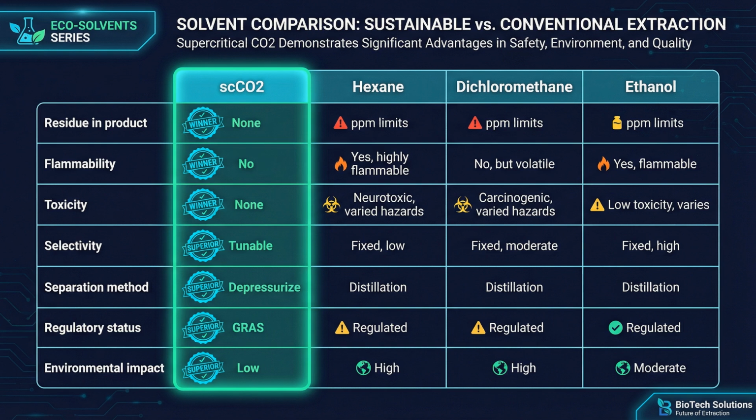The selectivity of CO2 is tunable through pressure and temperature, while conventional solvents have fixed selectivity. For separation, simply reducing pressure releases CO2, while other solvents require energy-intensive distillation. CO2 has full GRAS status versus regulated usage for organic solvents, and the environmental impact of CO2 is far lower than that of volatile organic compounds.